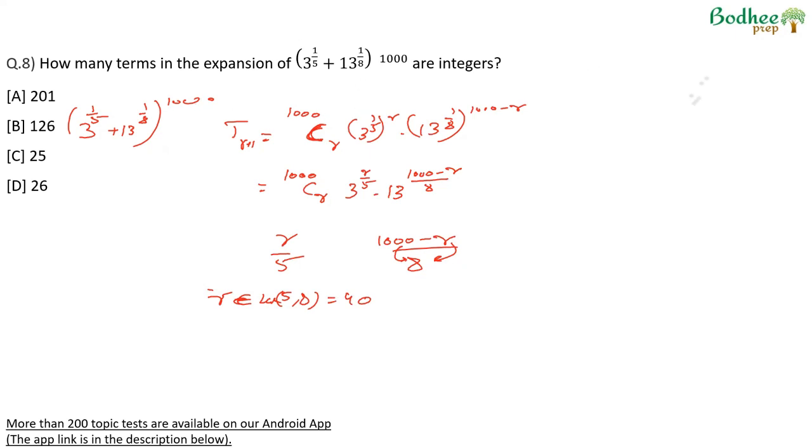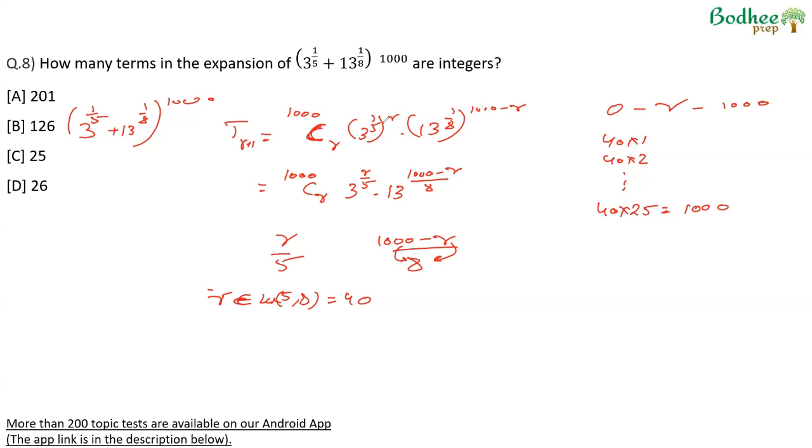Now, since r can take values from 0 to 1000, multiples of 40: 40 into 1 will be the first value, 40 into 2 the second value, and 40 into 25, which is 1000, becomes the last value. Also, r can be 0.